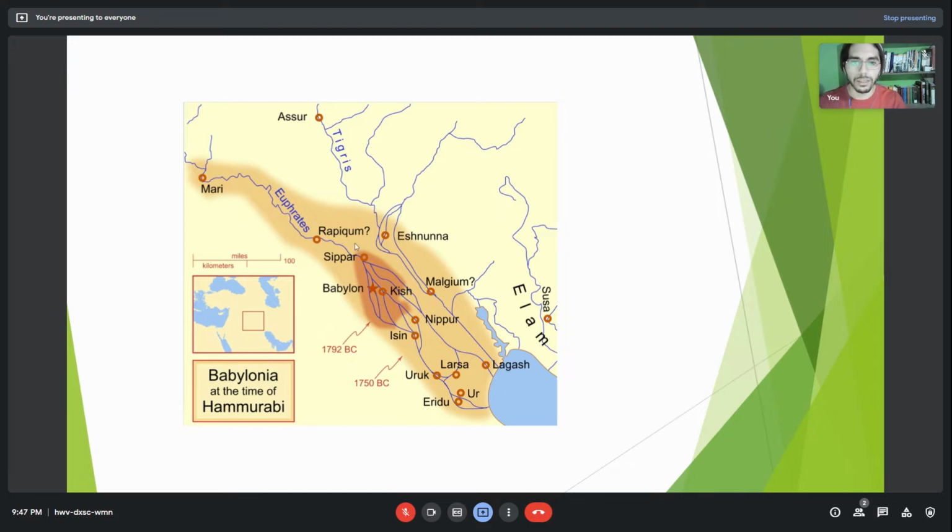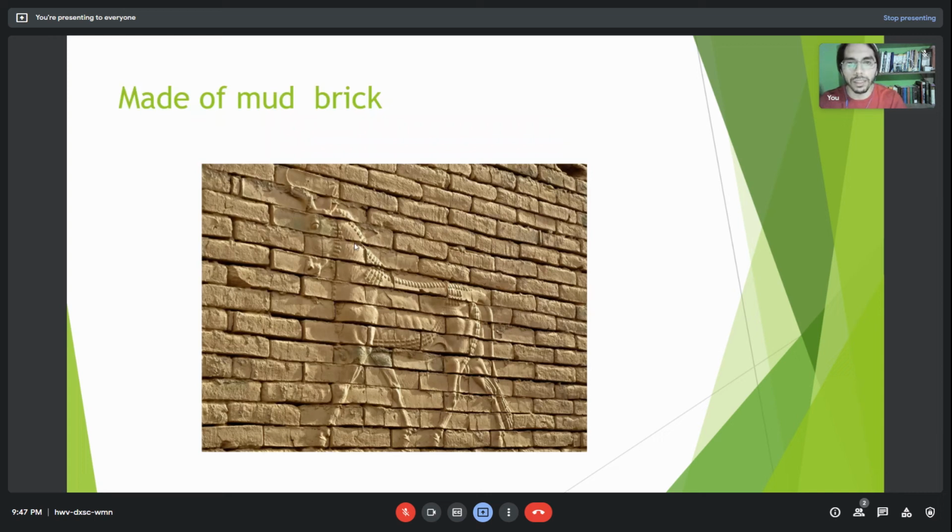Well, now I'm going to talk about the Ishtar Gate in 5 points. Our first point is that this gate is made of mud bricks. One of the few resources that can be found in the desert, in the Middle East, there are two natural resources.